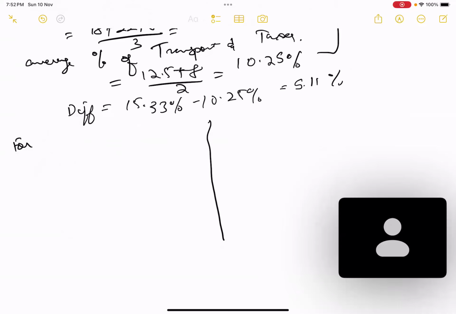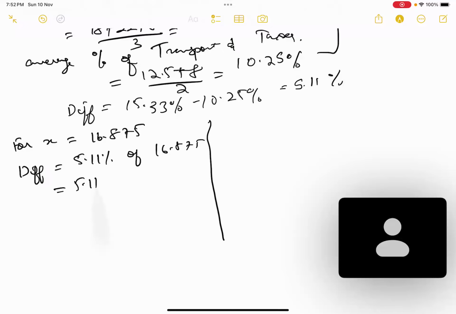Now for X equal to 16.875, which is for the 2.70 crore expenditure, this is 5.11% of 16.875. That is 5.11 by 100 into 16.875, and we get 0.8623.